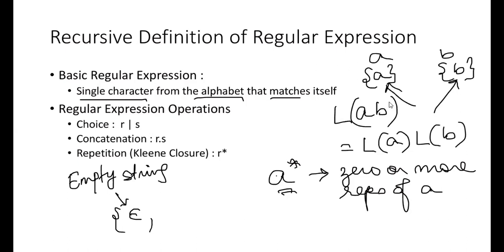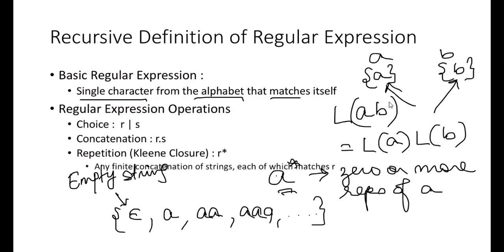If it is 0 times repetition, I have epsilon. If it is 1 time repetition, I have A. If it is 2 times repetition, I get AA. 3 times, AAA, and so on. So it is infinite. Infinite number of terms, the string or the regular expression would be repeated. So that is your Kleene closure. So this is what I have already explained.